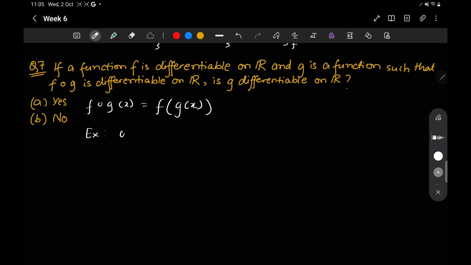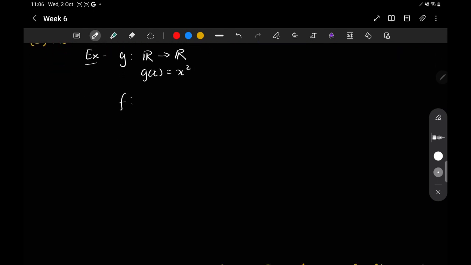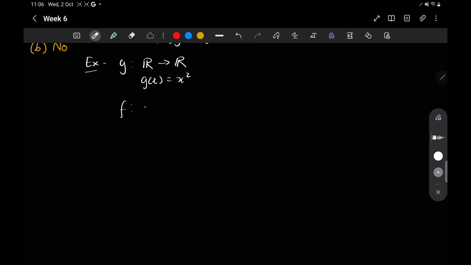So we have one example, let us take g going from R to R, such that g of x is equal to x squared, let us say, and then let us take a function f also going from R to R, and let us say that f of x is equal to x plus 1.